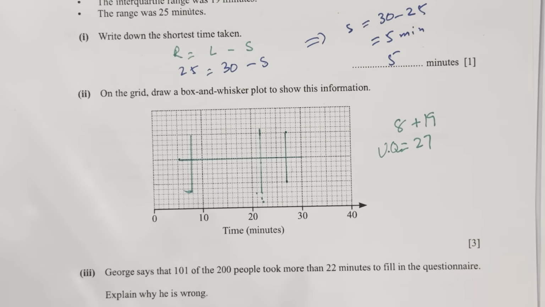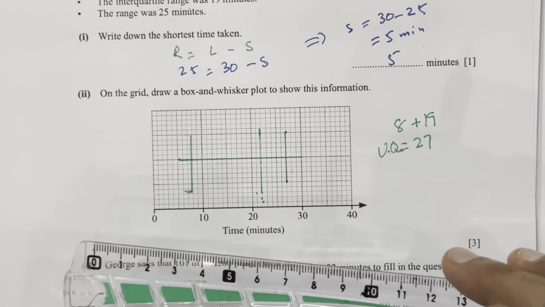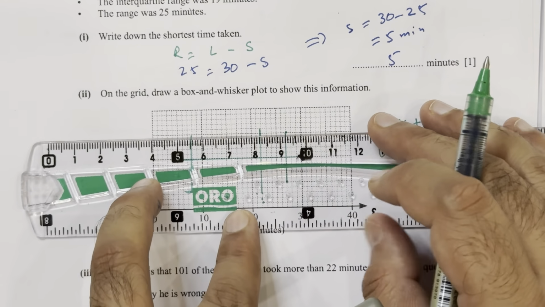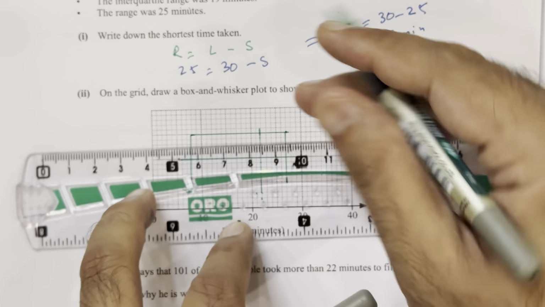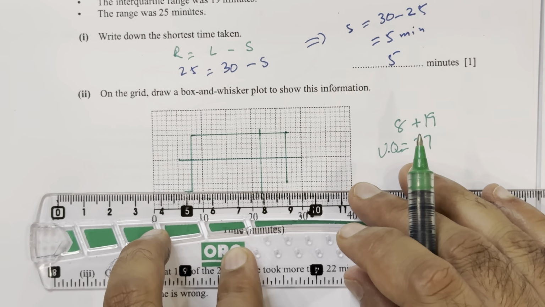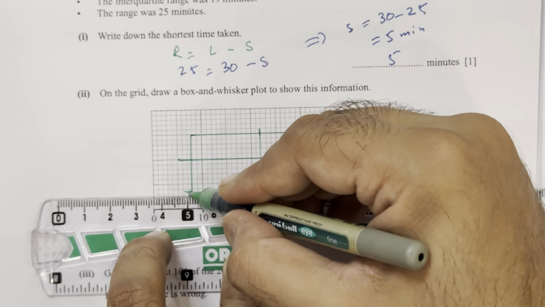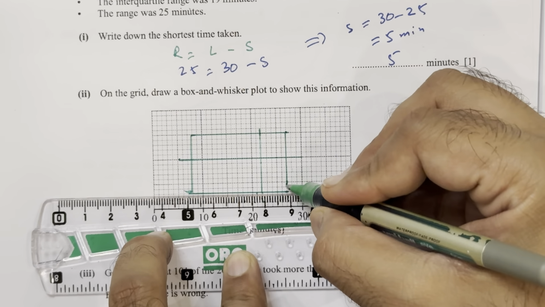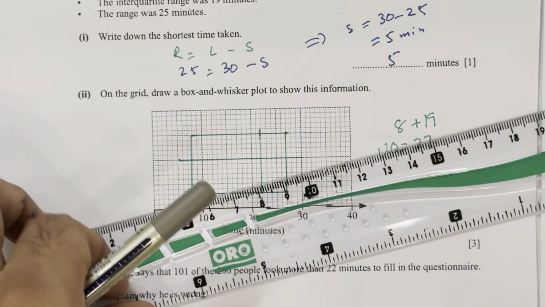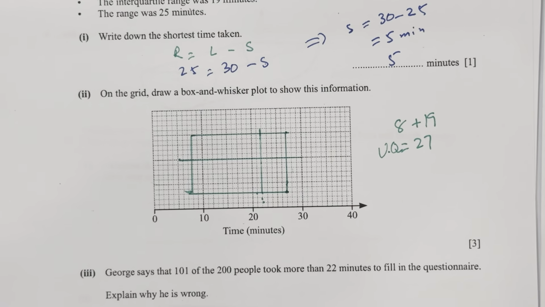Now we can draw the box over here and here. Okay, so this is how we have completed our diagram.